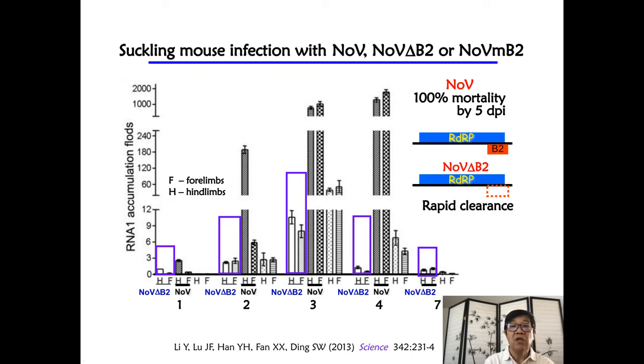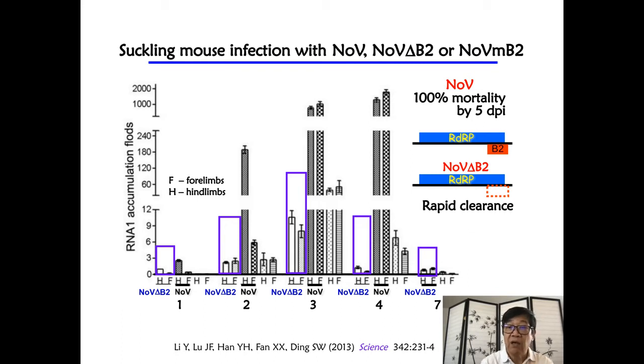And most importantly, all of the mice inoculated with Delta B2 virus remained healthy throughout the duration of the experiment, indicating that loss of B2 protein abolishes the virulence of the mutant virus.